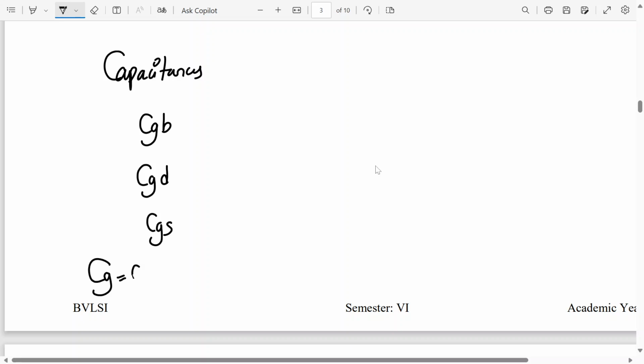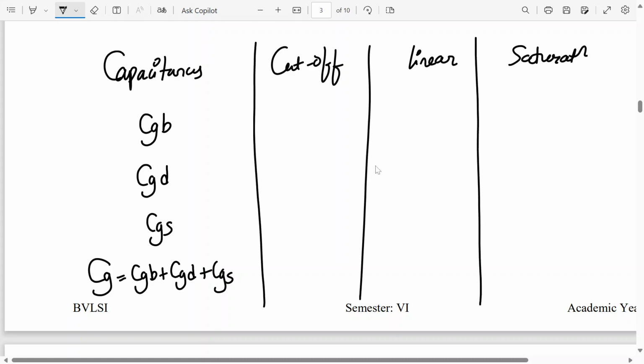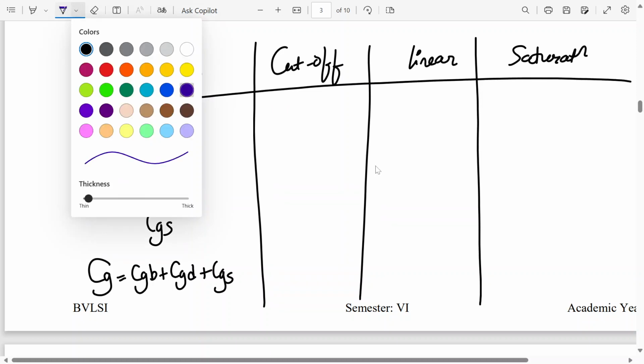The total capacitance will be the addition of all the parasitic capacitances. And I write the different modes, cutoff, linear and saturation, and fill this table. So this is what I get.